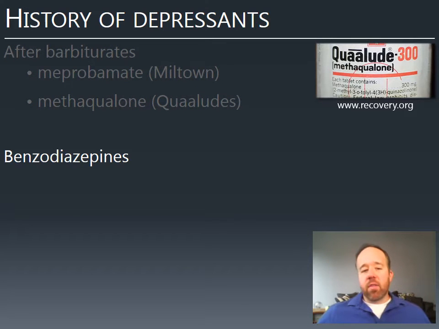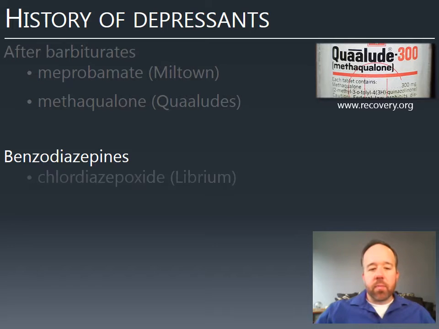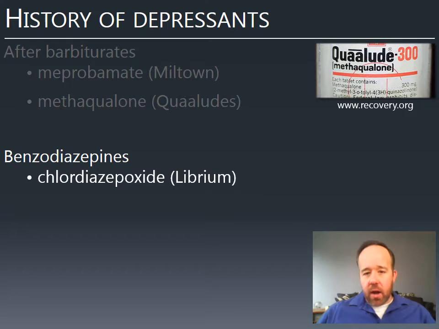And then finally, we have the benzodiazepines, which are the most commonly used depressant other than alcohol today. Widely prescribed, widely used, to a certain degree, widely abused as well. The first one was chlordiazepoxide, which is marketed under the name Librium. It's not used quite as much anymore.